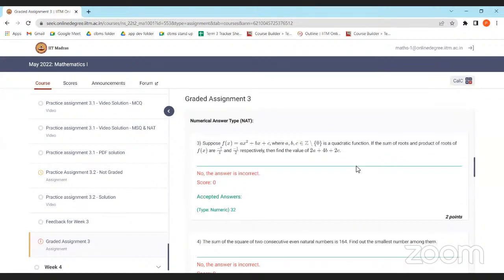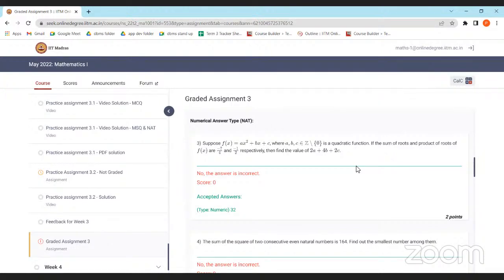I know how to solve this. The answer becomes 25 by 7. The equation is x squared minus (alpha plus beta)x plus alpha beta equal to 0, and when we put the values of the sum and product of zeros, the answer I got is 25 by 7.